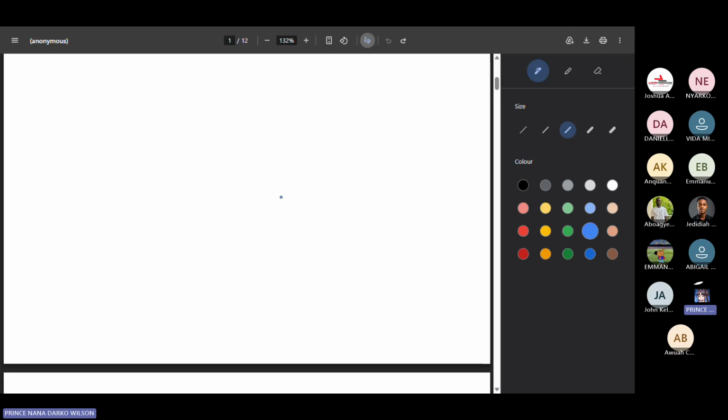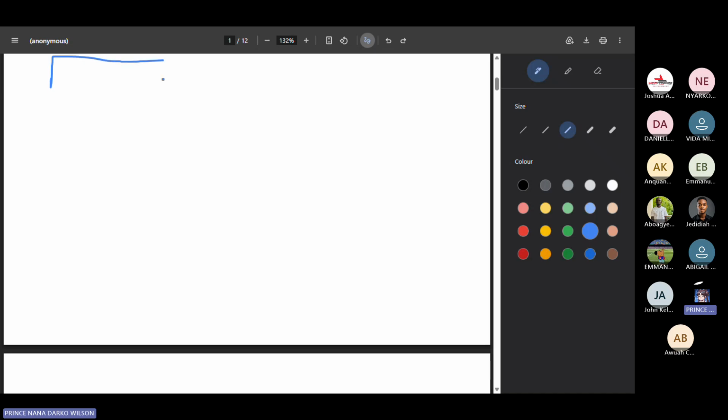Let's draw memory spaces. This is our cache for level 1. This is our cache for level 2. Let me connect them.